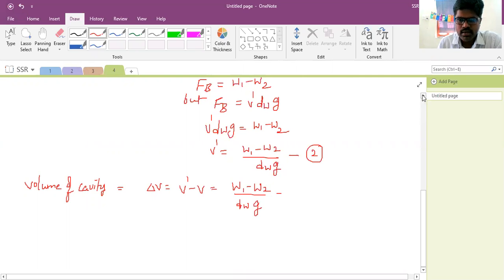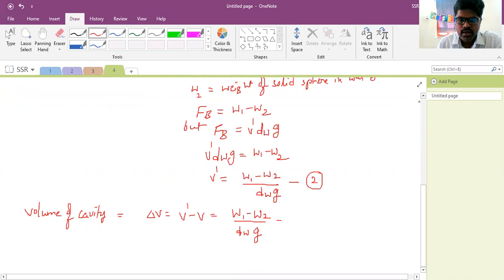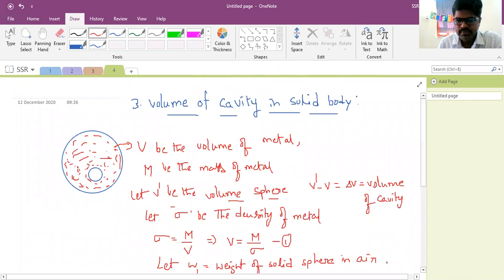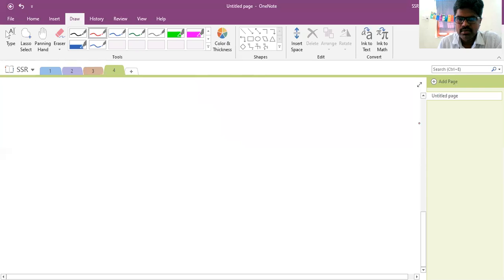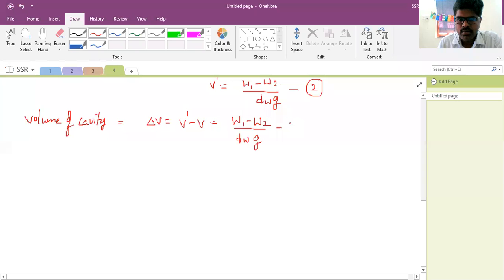Go back and see. Here it is written V is equal to m by sigma, where sigma is the density of metal and M is the mass of the metal. Minus M by sigma. Here the mass of the metal you can find, the density of the metal we know, W1 is the weight of the sphere in air, W2 is the weight of the sphere in water, dW is the density of water into g.